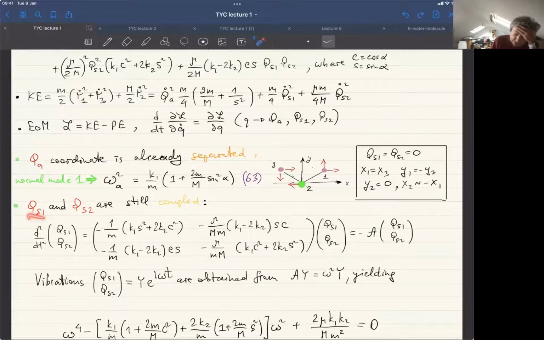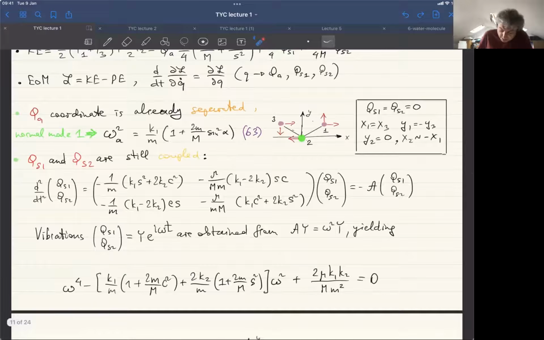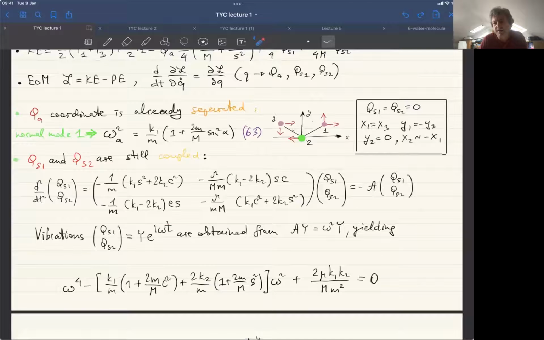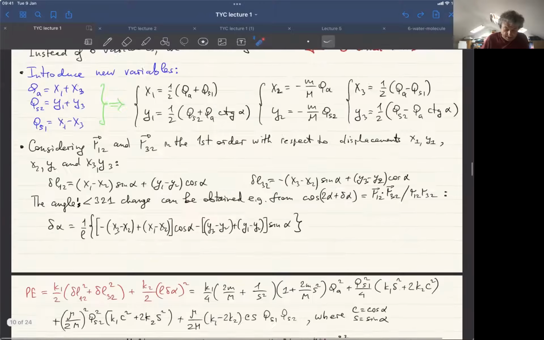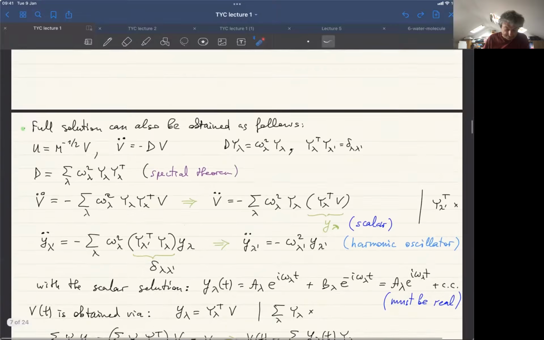Concerning QS1 and QS2, we now have a potential energy containing this term. So the Hamiltonian with respect to these two is not the sum of the two Hamiltonians. You have to solve this two-dimensional vibrational problem. And therefore, you have to solve this set of two vibrational equations, which can be solved exactly in the same way as I explained before. If you remember this classical problem we discussed, where is this?